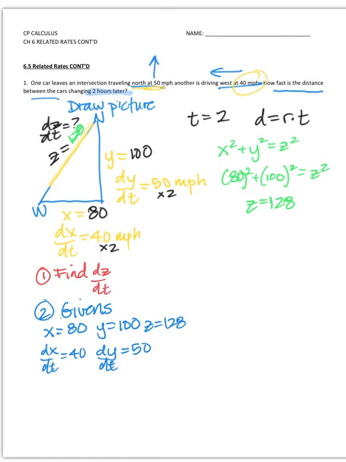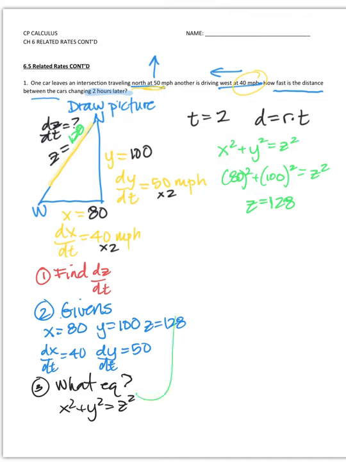The next thing we always talk about is what equation we are going to use. In this case, remember, right triangle, we are going to be using the Pythagorean theorem: x squared plus y squared equals z squared. The next thing we need to do is to find the derivative of that, and then substitute those values.